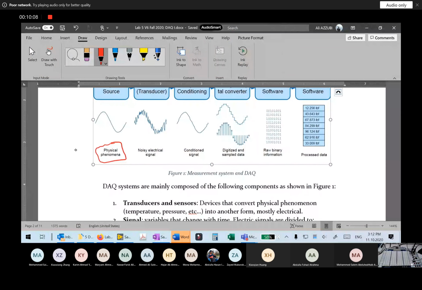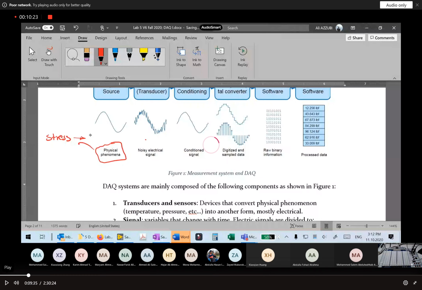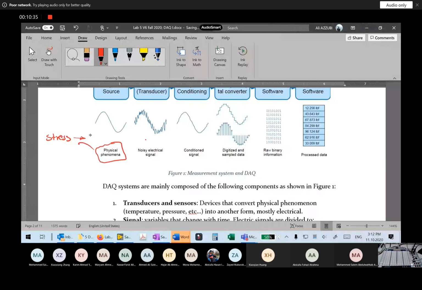You have stress. You can measure stress and consequently strain. Actually, they are interchangeable. Measuring one means the other.